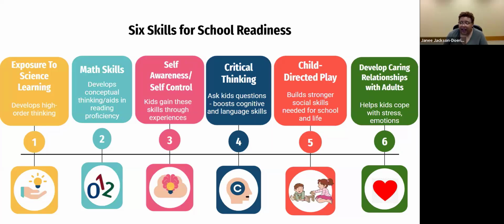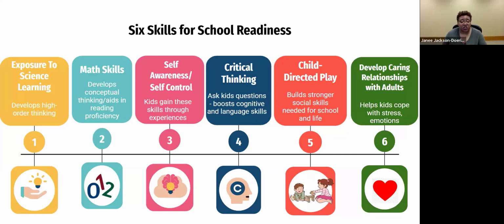The sixth and final skill for school readiness is developing caring relationships with adults. We do this every day. You know your families when they come in, you greet them, you say hello, you get to know the kids, you know the kids by names, you know the caregivers by names.